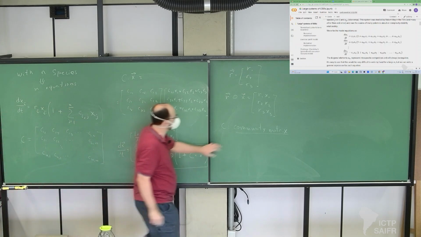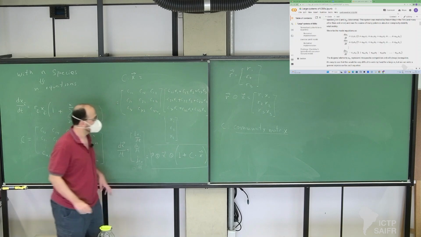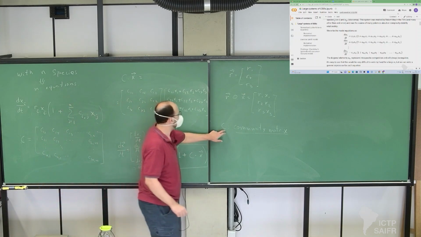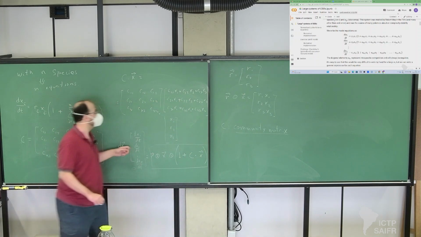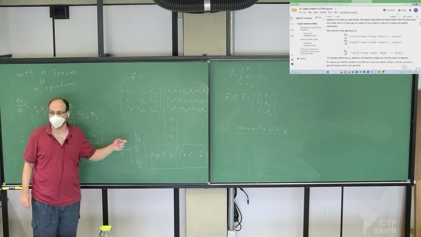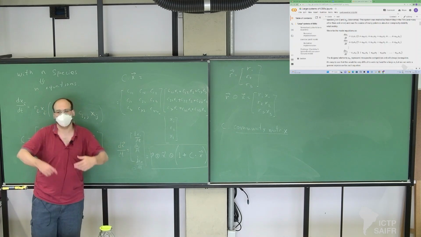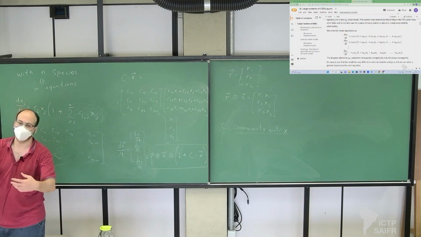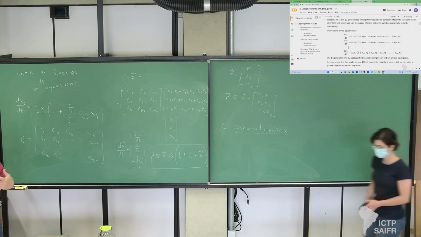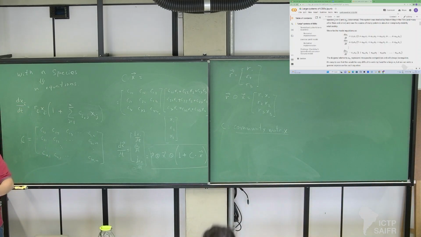The community matrix tells you which interactions have which strength with each sign, okay? So if I have an ecological community with many species, I can know the interactions between them by trying to measure the community matrix. This is one way of studying it, okay?